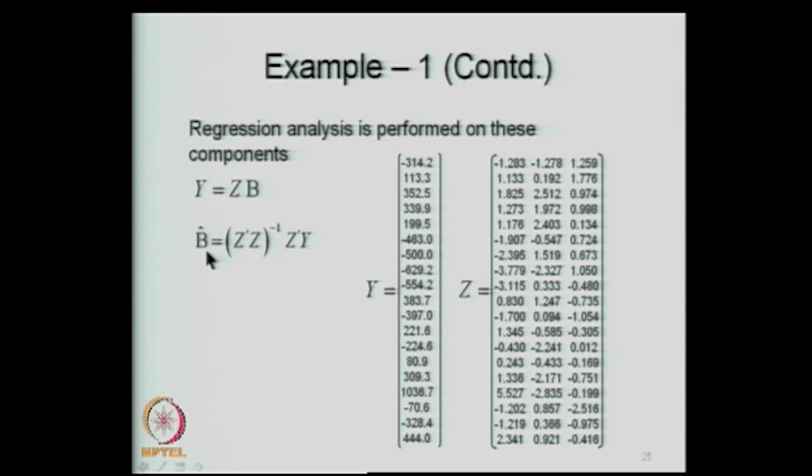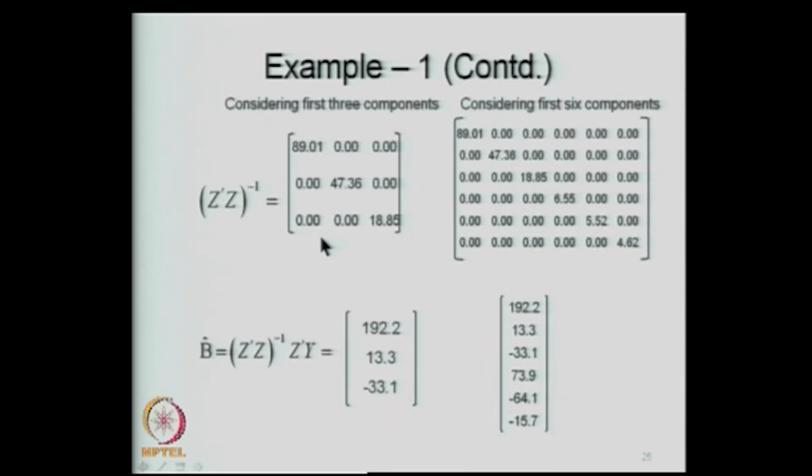So, I get beta cap as Z dash Z inverse Z dash Y. So, I get the beta cap, Z dash Z inverse, the intermediate values are given. Look at this now, if we took only the first 3 components, I am getting the matrix up to this point.